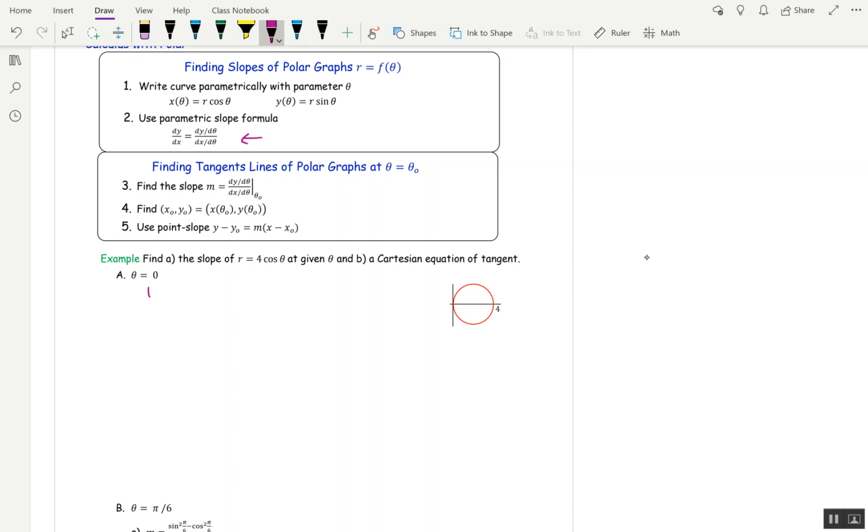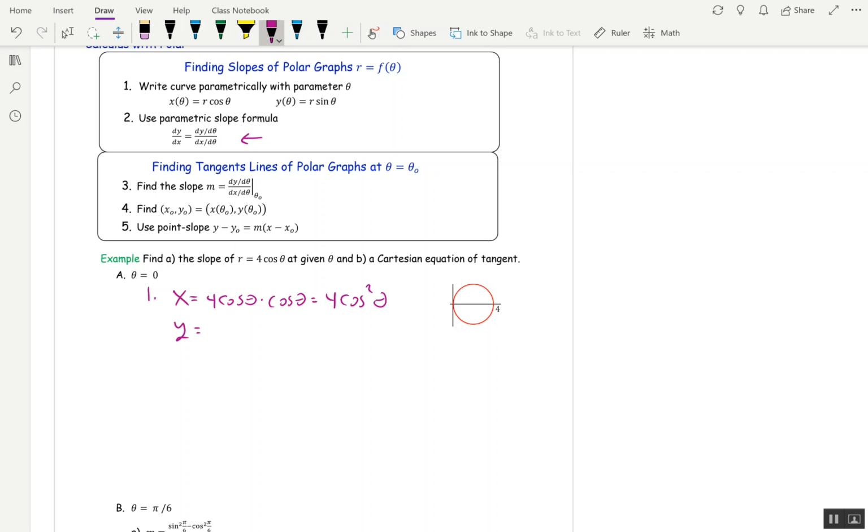So, step 1, use x is r cos theta, y is r sine theta. So r is 4 cosine theta. So we want r and then cosine theta. So that's 4 cosine squared theta.